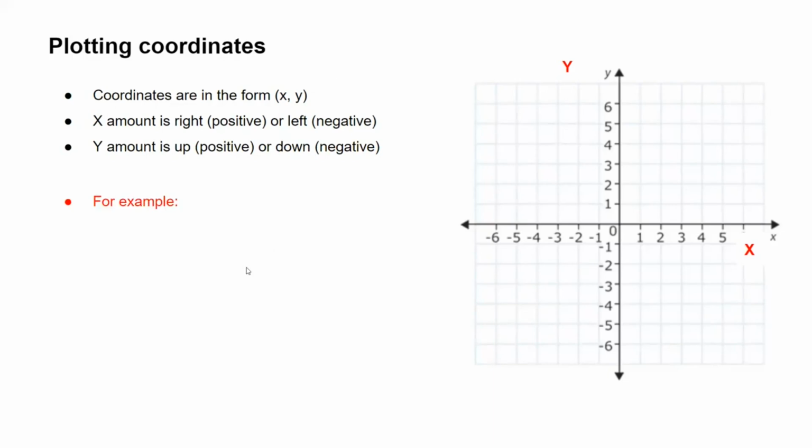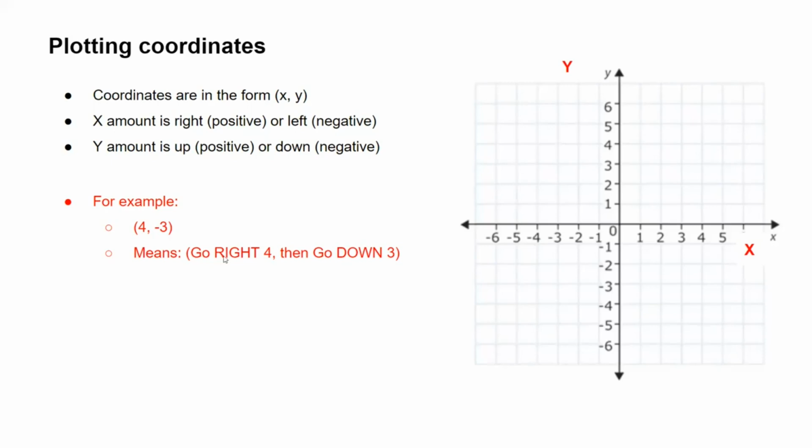So let's make an example here. For example, we have the coordinate (4, -3). You can be thinking about where you would plot that right now. Let's see how this works. We want to treat this as the directions: go right 4, and we're going right because it's a positive 4.